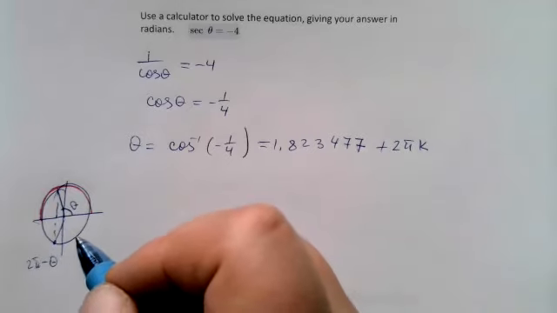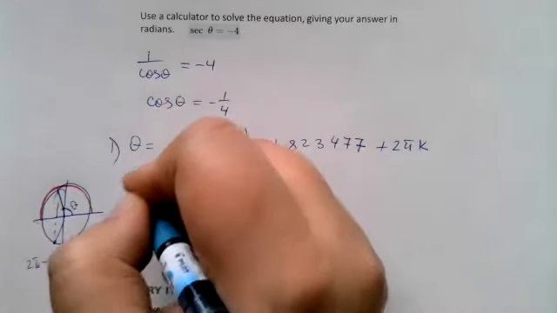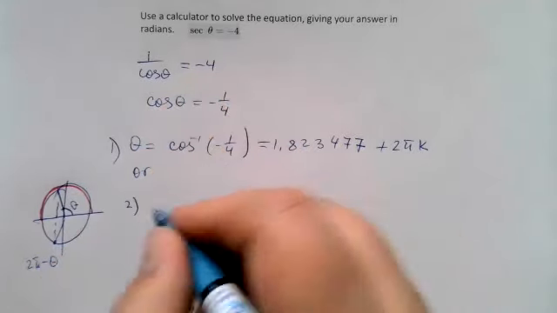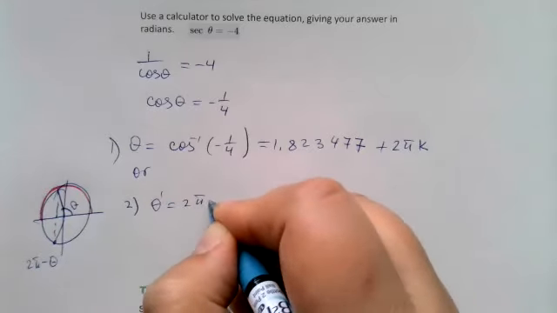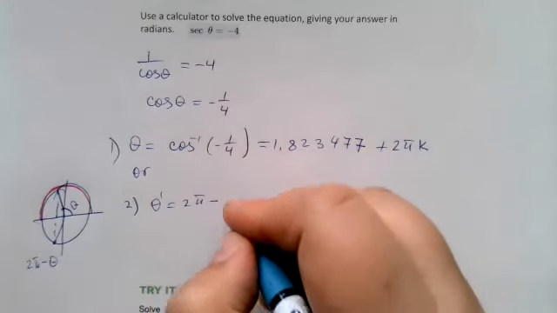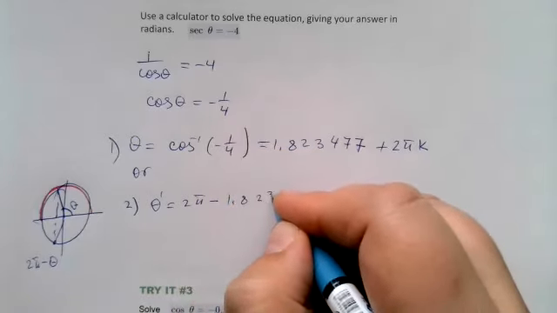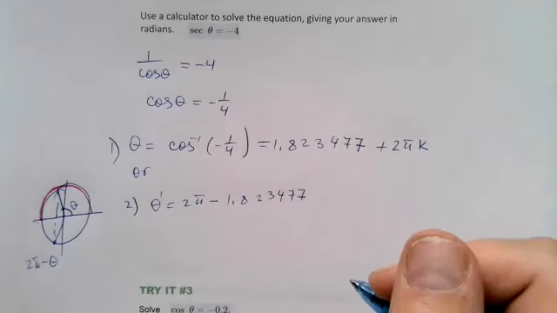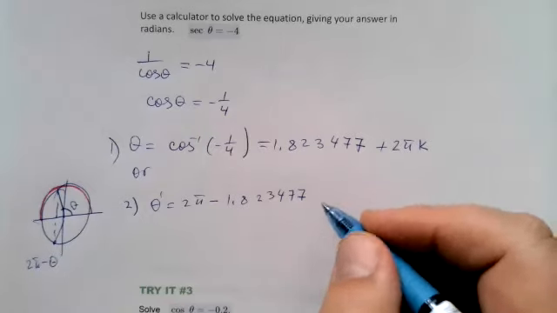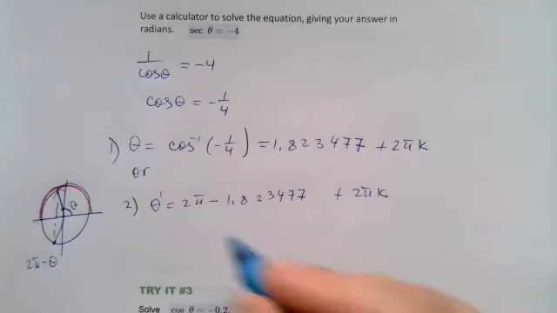So let's find it. This is 2 pi minus theta, 2 pi minus 1.823477. And again, we're adding the circles on top of it.